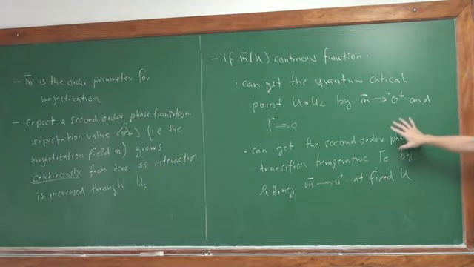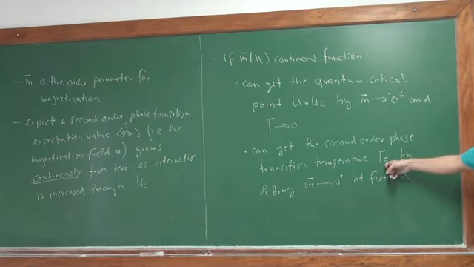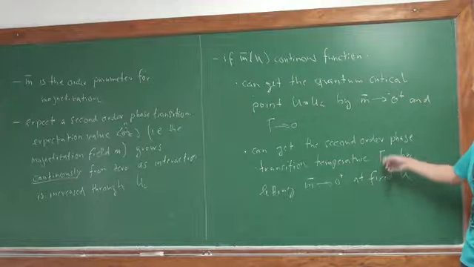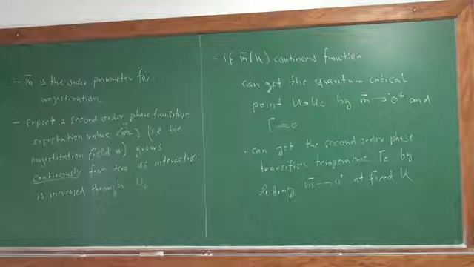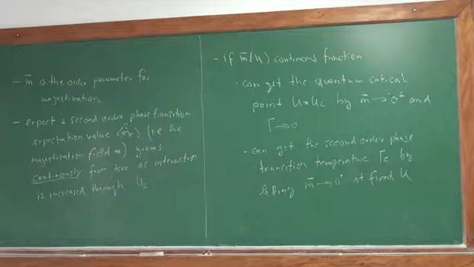But then we can also look at the second order phase transition at finite temperature by keeping the interaction fixed and seeing where we get a solution with a finite m bar as a function of temperature. And this is what we are going to do to figure out the mean field phase diagram for this problem.